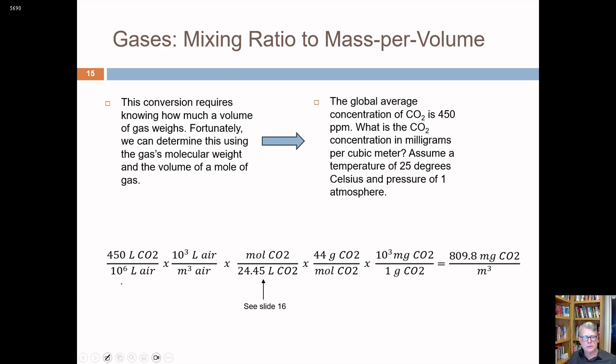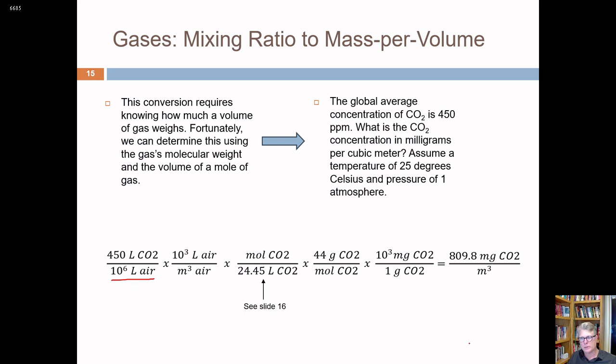So let's use our technique of writing down our starting units first. So 450, some volume, we need some unit of volume. I chose liters. 450 liters of CO2 per million liters of air, that's 450 parts per million by volume CO2.